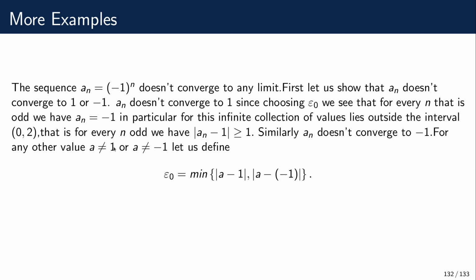If a is neither of those, then this is going to be some positive number. Choosing this epsilon 0, we see that for every n, since a_n is either 1 or minus 1, the distance of a_n from a is greater than epsilon 0, and therefore the sequence does not converge.